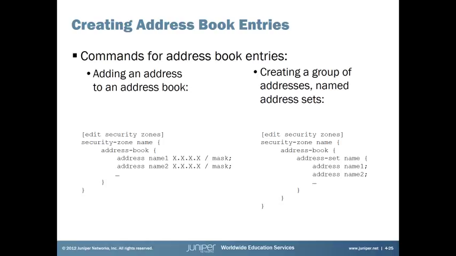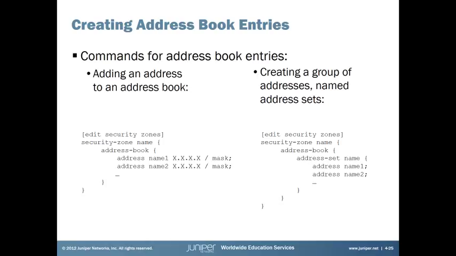Alternatively, you can set up an address set. An address set allows you to group a whole bunch of these addresses and reference them all by a single name, which is the address set.